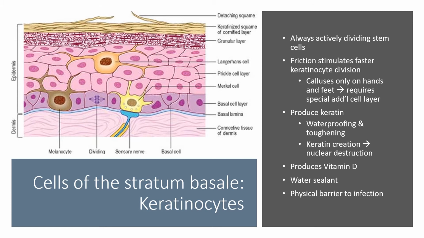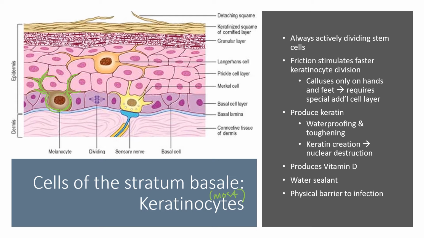Now let's look a little more closely at the keratinocytes. Most of the cells in your basal cell layer are keratinocytes. So most. Okay, you take a look at this diagram over here. You have a melanocyte right here, and it has these branchy arms. We'll talk about that in a bit.